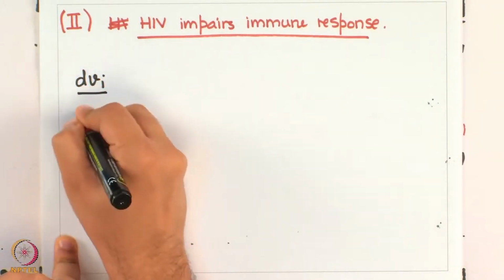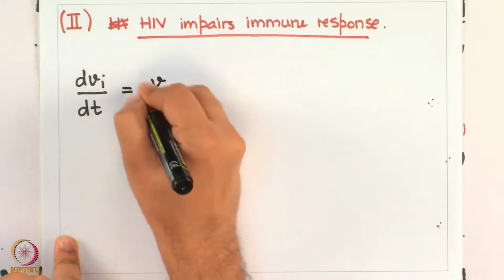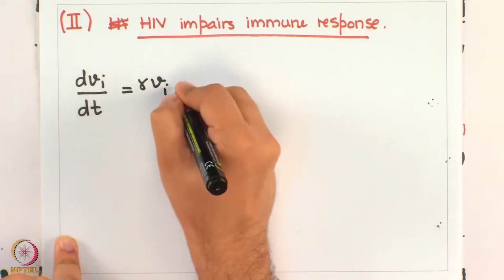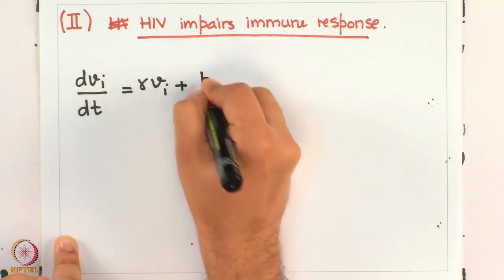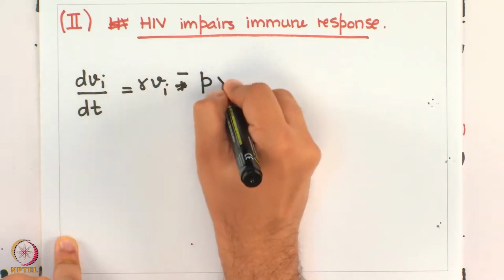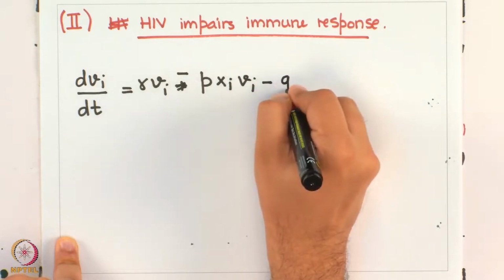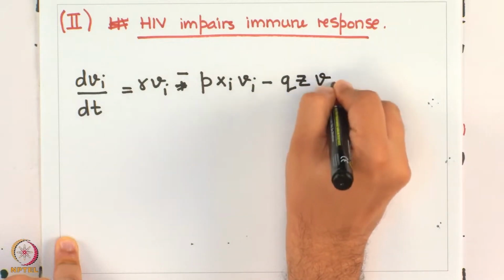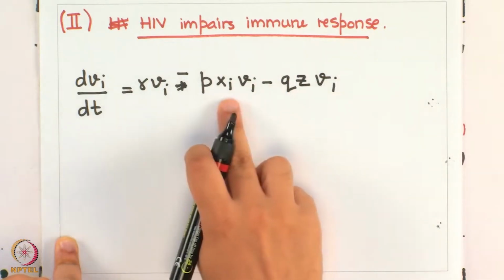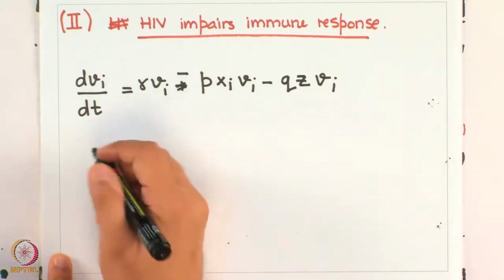The first one is just the virus dynamics, which is dVi/dt, and this is R times Vi minus P Xi Vi minus Qz Vi. So, this is the growth rate, and the specific and the general immune response acting against the virus, which gives me the viral dynamics.